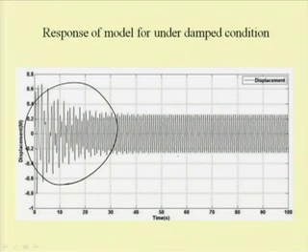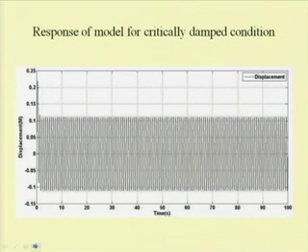This is the steady state response reached after several time steps. So, one can find the steady state response by using this method also. This is the transient part, this is the steady state part, and this shows the time response of the system. One can find the time response for the critically damped case.